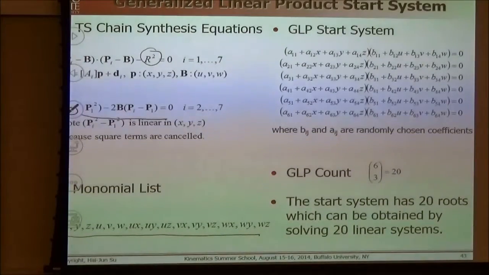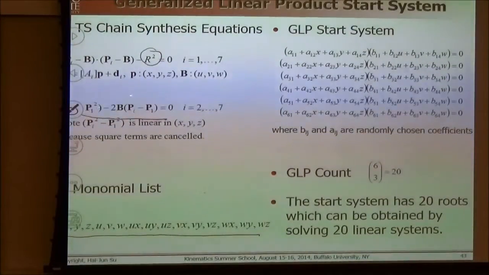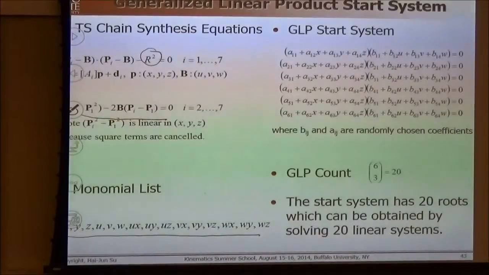So don't be confused by that. If you take a look at this equation, by doing this manipulation, you can eliminate all the square terms, and your monomial list looks like this.